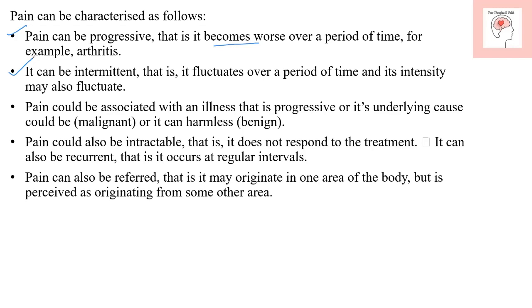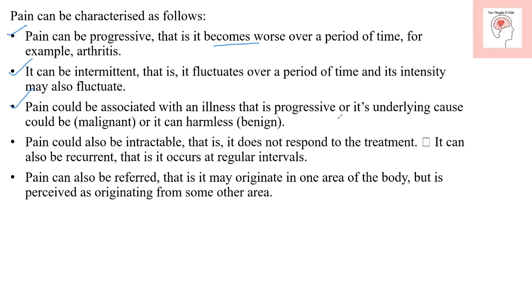So that also fluctuates. Then the third characteristic is that it can be associated with an illness that is progressive, or its underlying cause could be malignant, or it can be harmless. So, an illness which is progressive, and pain is one of the symptoms of that illness, for example, arthritis itself.